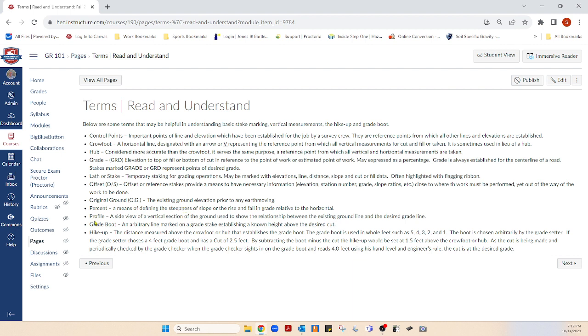A profile view is talking about a view of a vertical section of the ground. It's used to show the relationship between the existing ground line. It's just like you have a loaf of bread. Well, if you slice that bread like where the heel is, it's sliced, right? When you get it out of the store, you remove that heel, and what you're looking at is a cross section of that loaf.